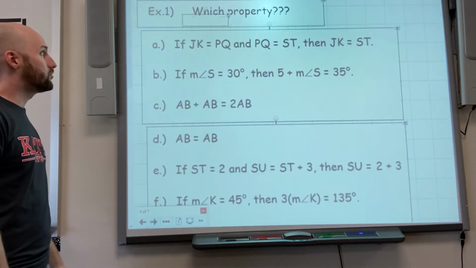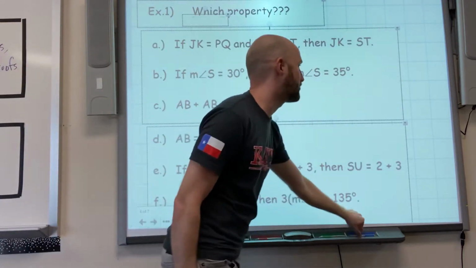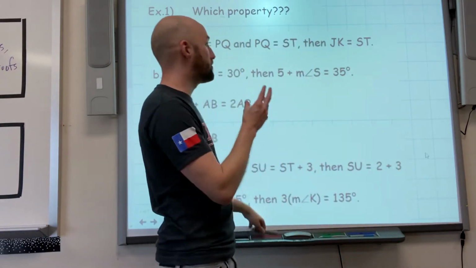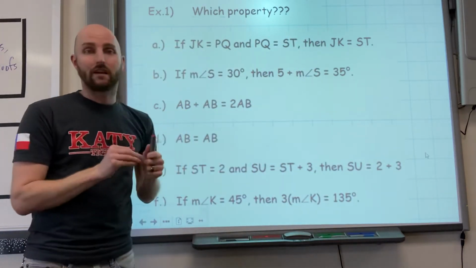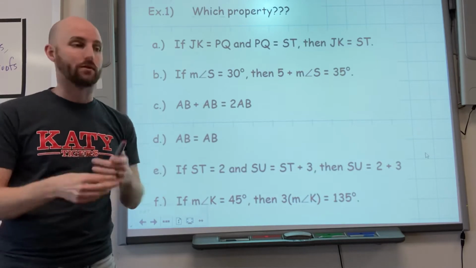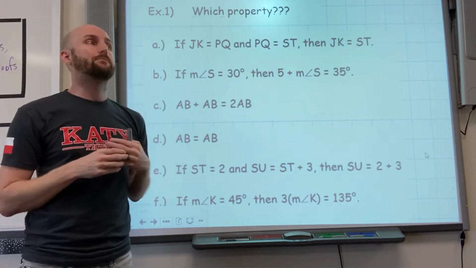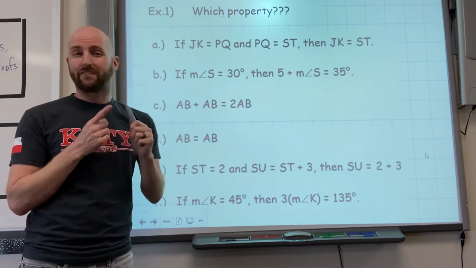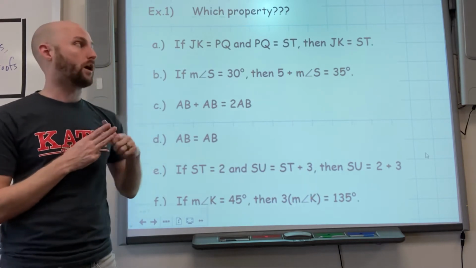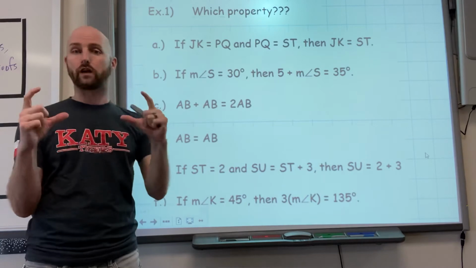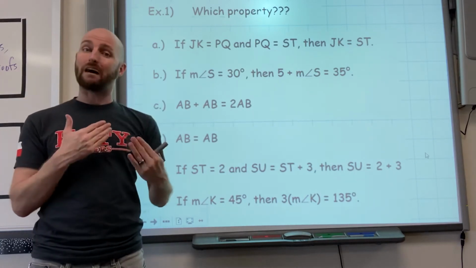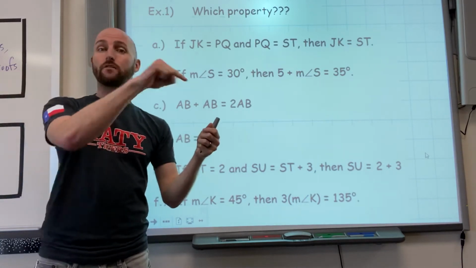So then what we did in class is we practiced just reading random isolated statements and saying what property this is. So is it add, subtract, multiply, divide, distribute, simplify? Or is it reflexive, symmetric, transitive, where again, in the algebra, we only saw symmetric. Reflexive is where I equal myself, and transitive is when it sort of connects.